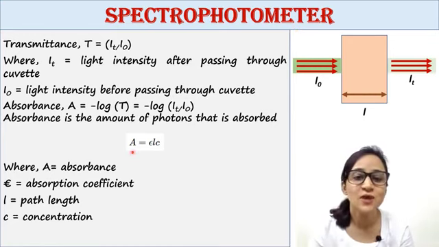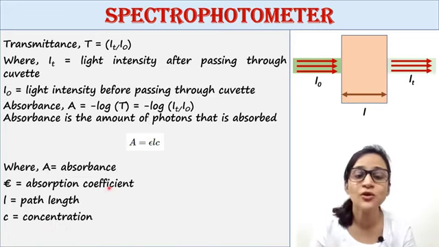So here absorbance A is equal to absorption coefficient into L into C. Here A is equal to absorbance, the absorption coefficient is denoted by epsilon, L is equal to path length and C is equal to concentration.